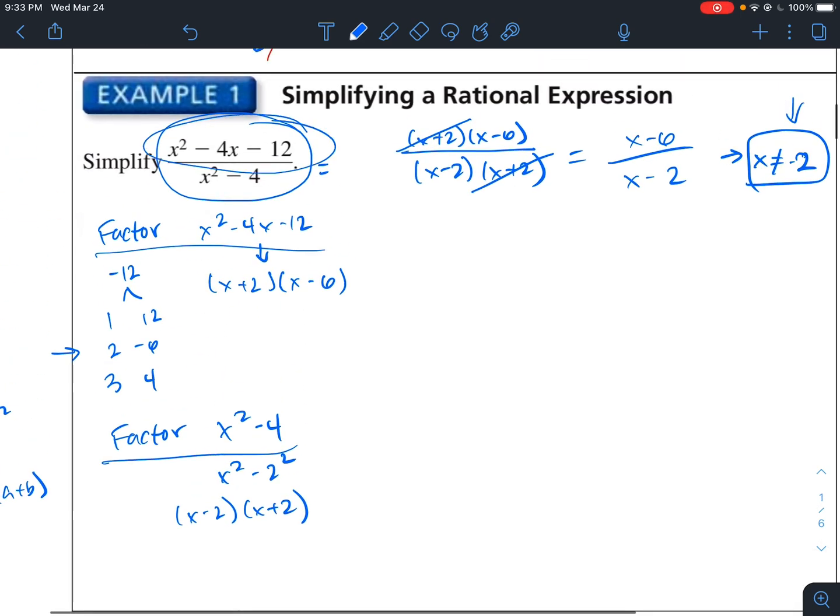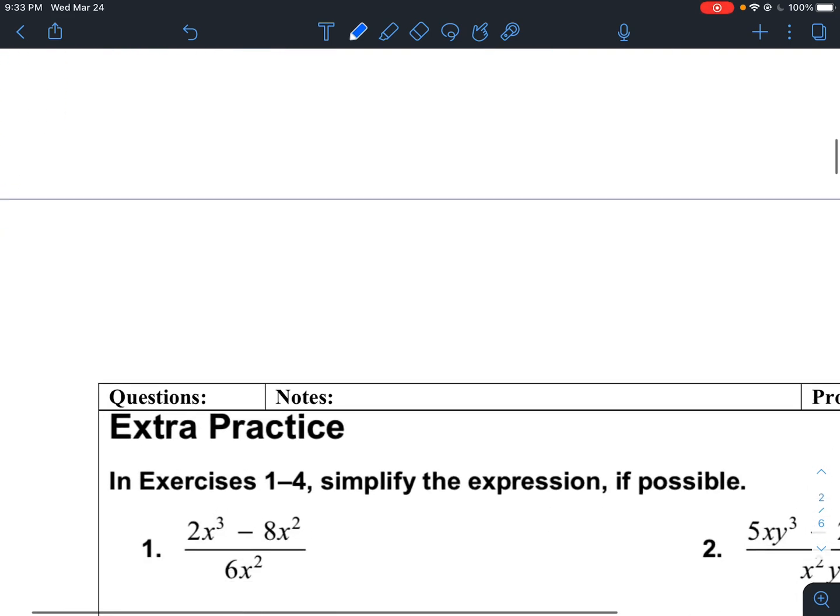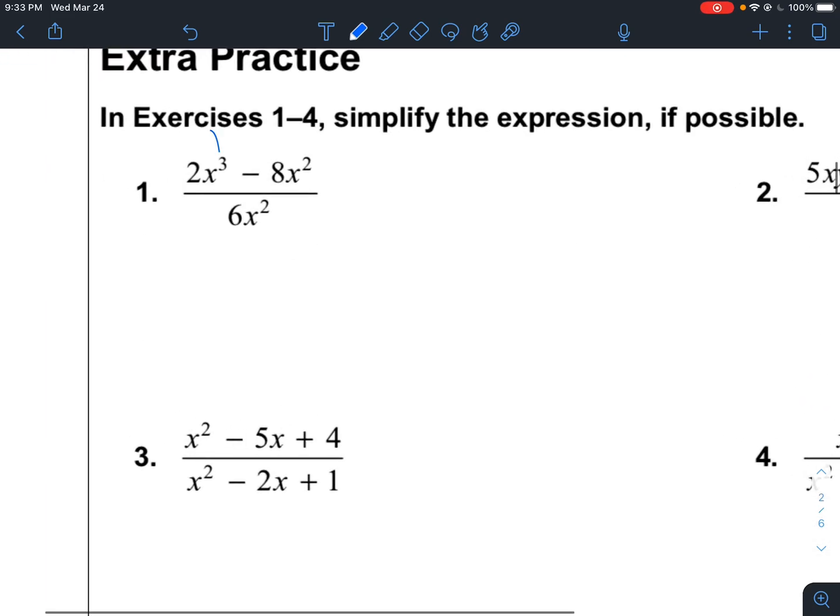This is a quadratic with 3 terms, so this isn't the same thing. There's just 2 terms, so just factor out what the 2 terms have in common. I know that they both have a 2 and an x squared, and when you take those out, you're going to be left with x minus 4. So that's on the numerator.